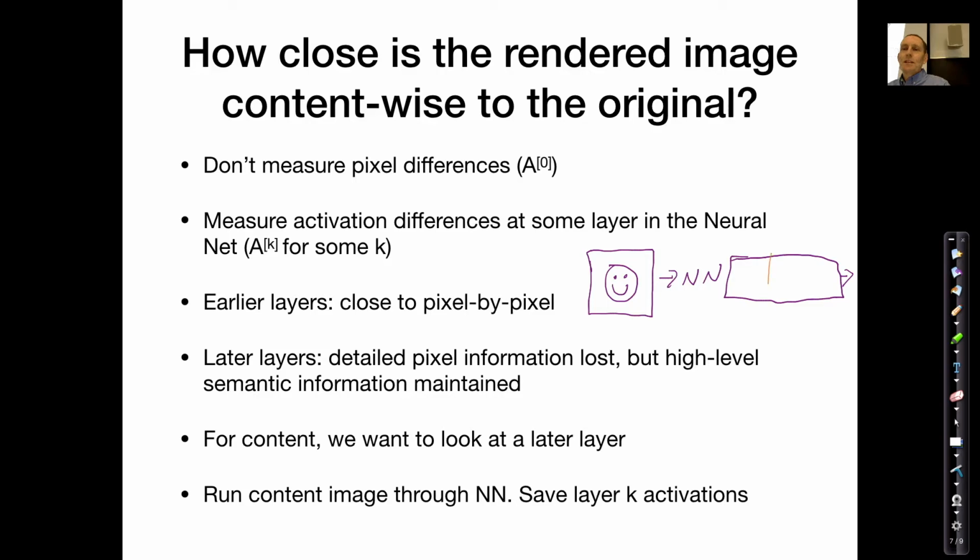I'm interested in this layer of activations. So this is going to be layer K for some K. If I look at these activations, that will give me some idea of what the content is of this picture. These activations control completely what the output is.